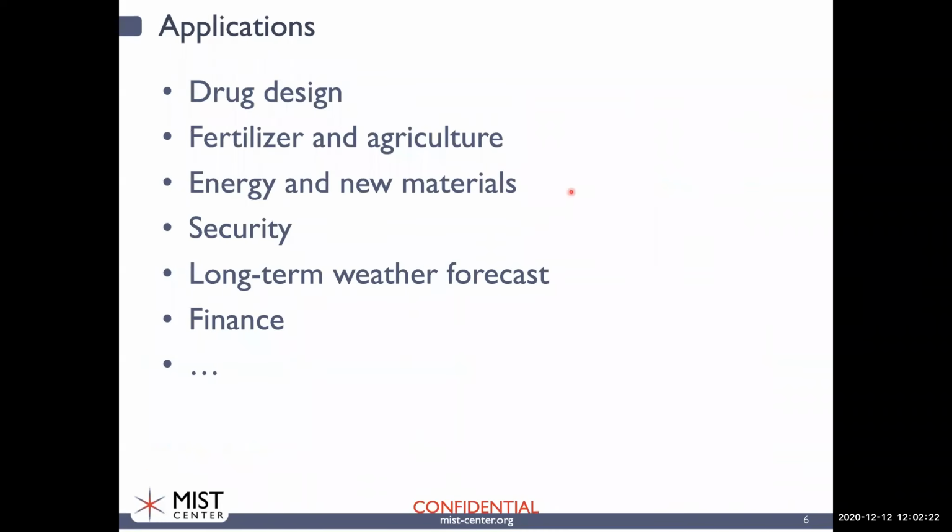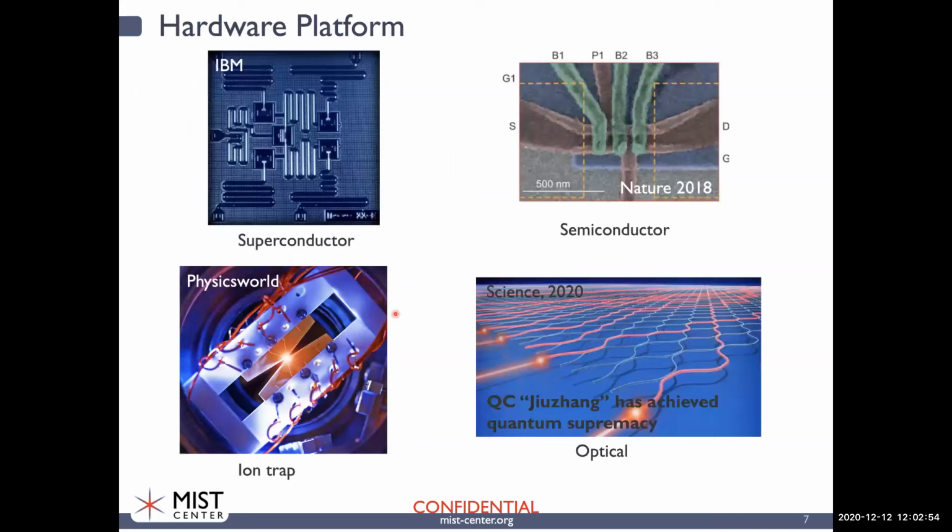There are a lot of applications for quantum computing, and here I just listed a few. For example, performing quantum simulations to design proteins and new drugs, design new fertilizers important for agriculture, design new materials like high temperature superconductors for energy applications, security applications such as cryptography, long-term weather forecasting, finance applications, and so on.